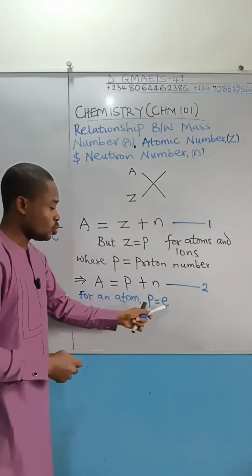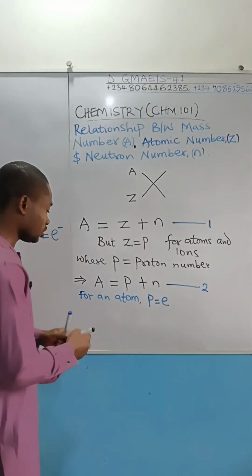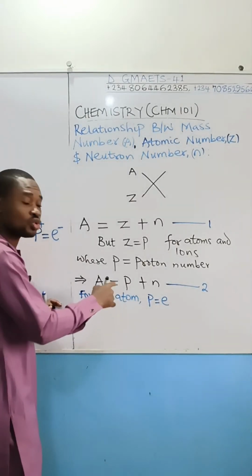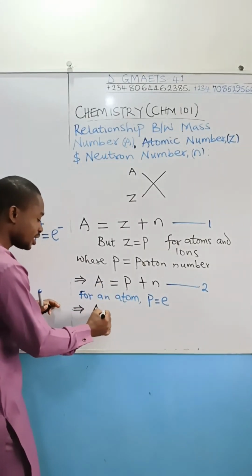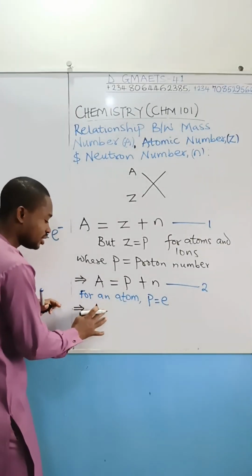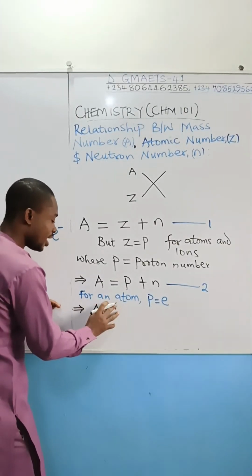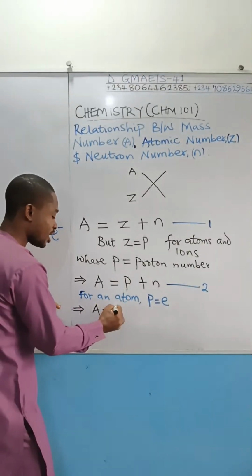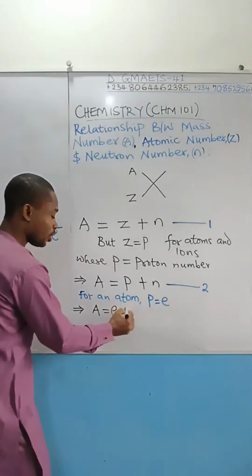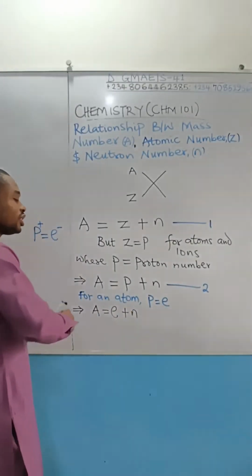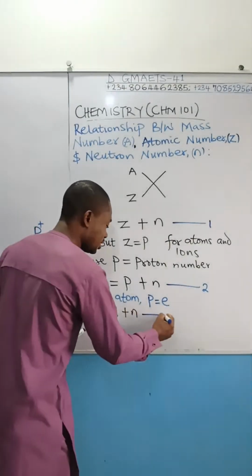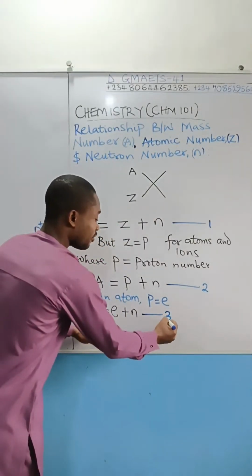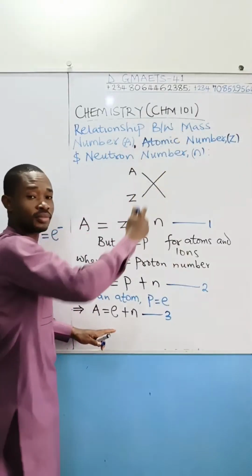So our E, we are using it to represent electron. It implies that this formula number 2 can now be written as mass number A is equal to electron number, in place of this proton number, we'll now substitute it, we'll fix electron number, then plus neutron number. So this formula also exists. It exists whenever you're dealing with this relationship.